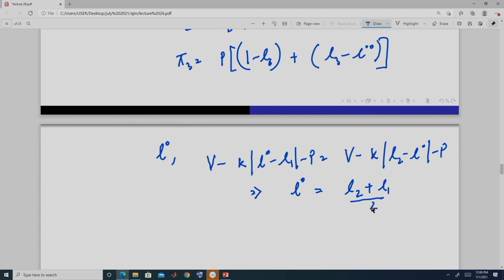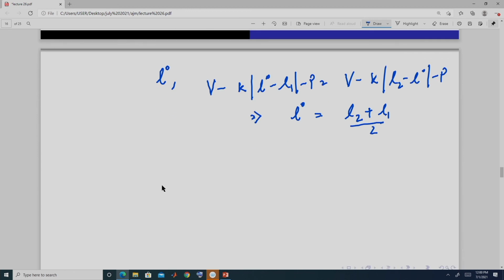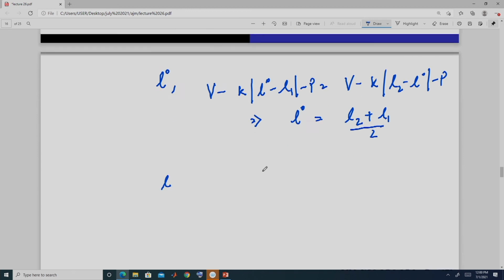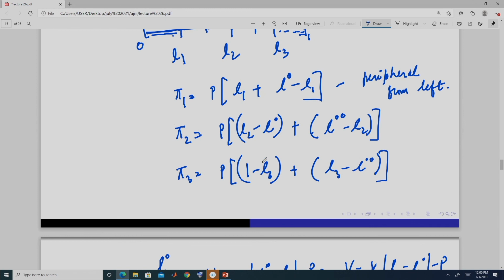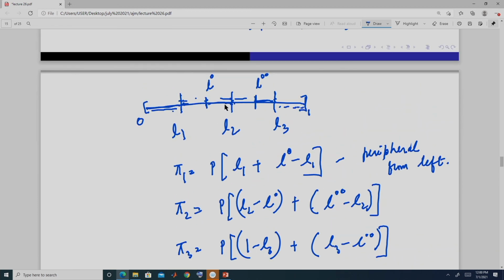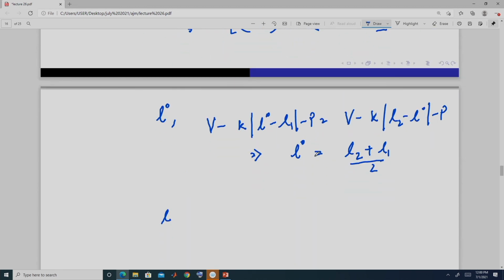Again, it is going to be the center of this length, okay. So, exactly how much is this length going to be? Okay, we will do that. Now, let us first find this L double naught.